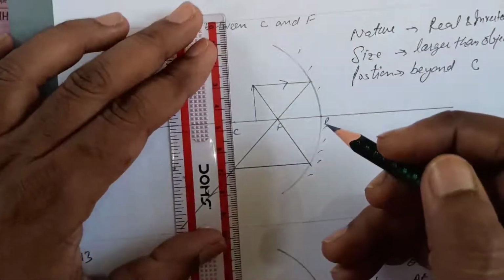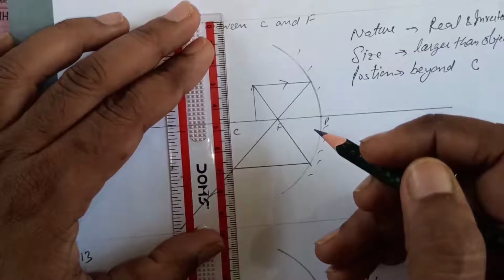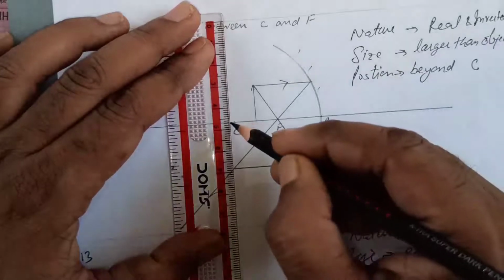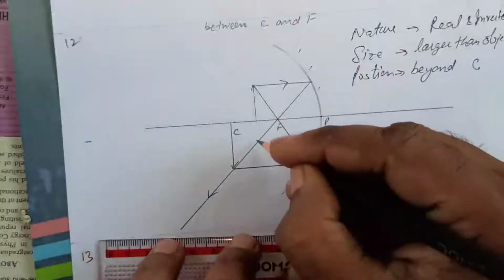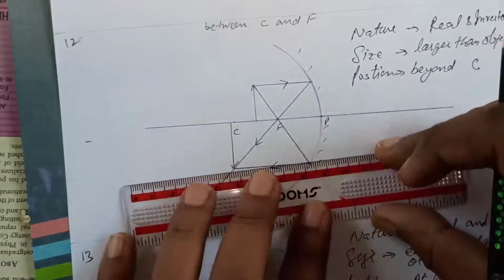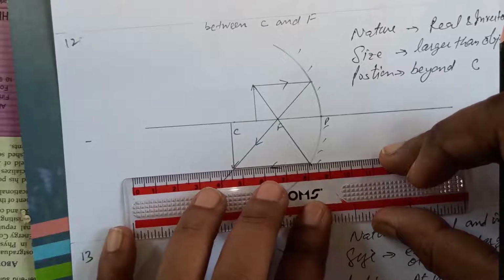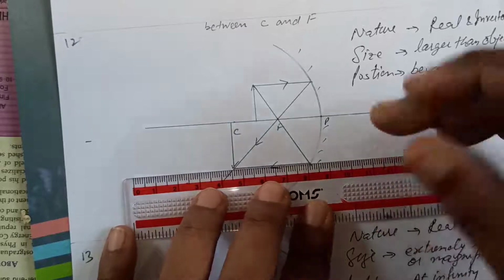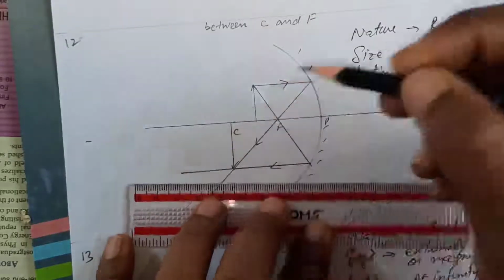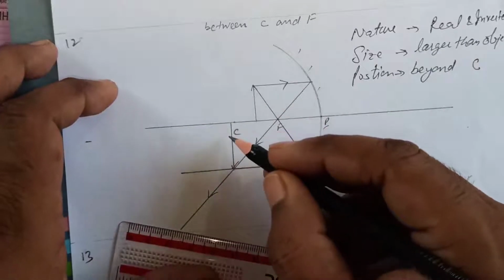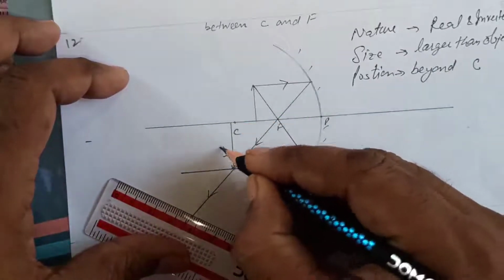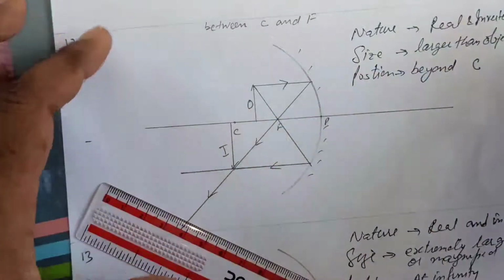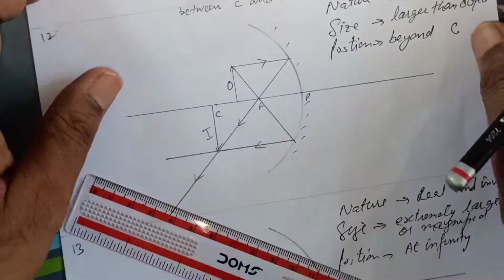And then from that point draw a perpendicular. This is the reflected ray, this is the reflected ray; wherever these reflected rays are meeting, from that point draw a perpendicular on the principal axis, and see, this will be your image and that is the object, right?